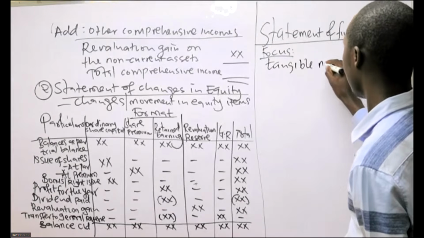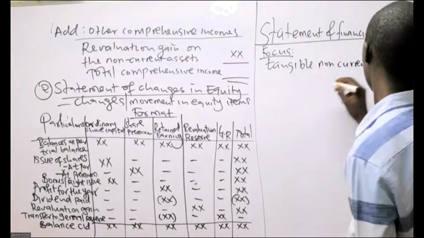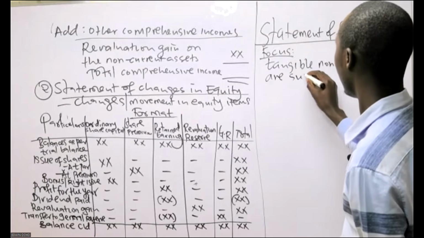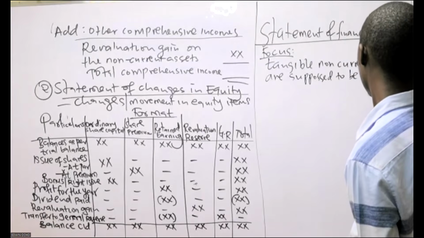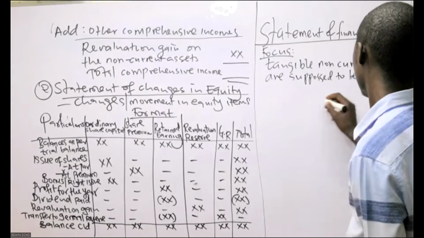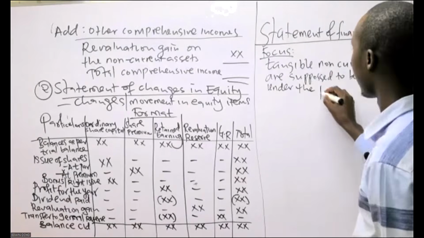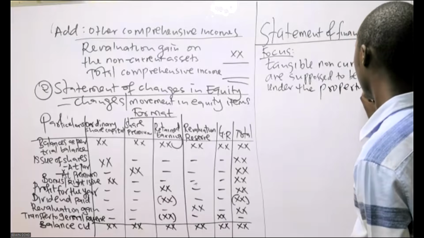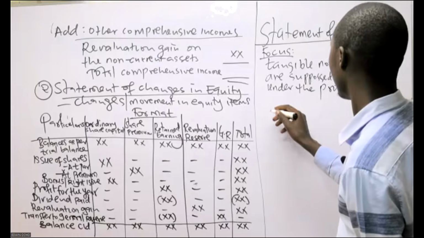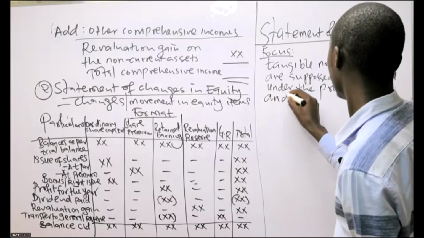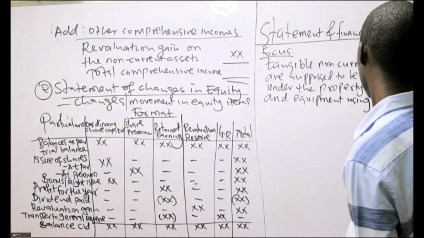The tangible non-current assets are supposed to be classified under the property, plant and equipment, using IAS 16.